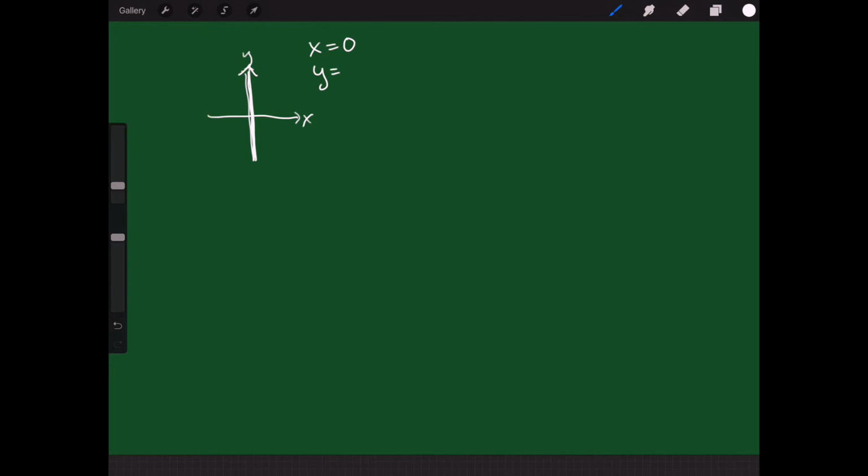And y equals 0 as a line is the x-axis. So if I write something like x equals 2, then I come over here 2, and I get this nice vertical line at x equals 2, or I could say y equals 1. So I go up 1 in the y direction, and I get this nice horizontal line in the y direction.